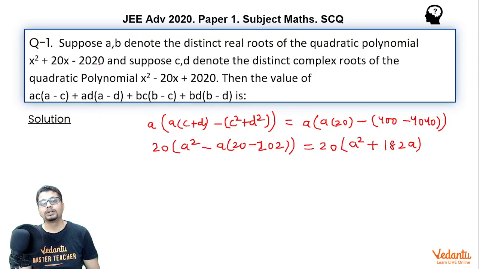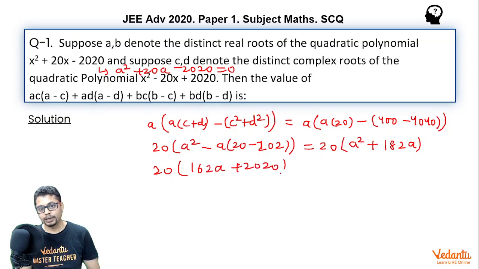Since this polynomial has one of the zeros as A, I can say A square plus 20A minus 2020 equals 0. So A square is essentially minus 20A plus 2020. So minus 20A plus 182A is 162A plus 2020.